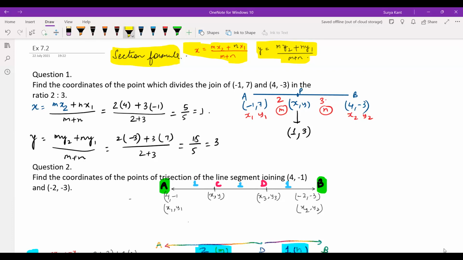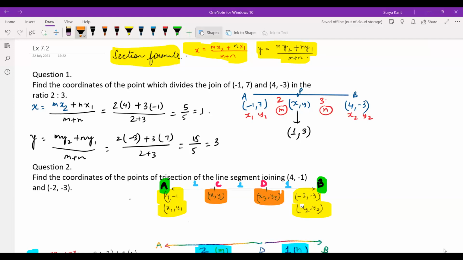So two points are given, point A and point B. That is x1, y1, and x2, y2. You have to find two things here: first x, y, and second x3, y3. You need to find both of these orange points. All three parts are equal, so I've taken the ratio here as 1:1:1.